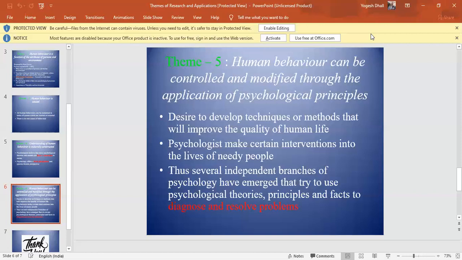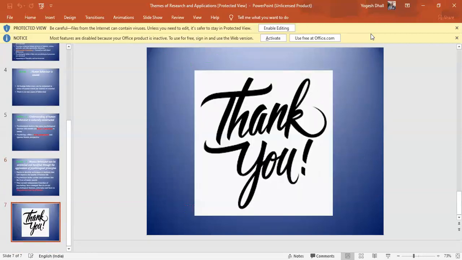So all this comes under the fifth theme, that is control and modification of behavior. So we have discussed a total of 5 themes, meaning mostly research work in psychology is based on the above discussed themes.